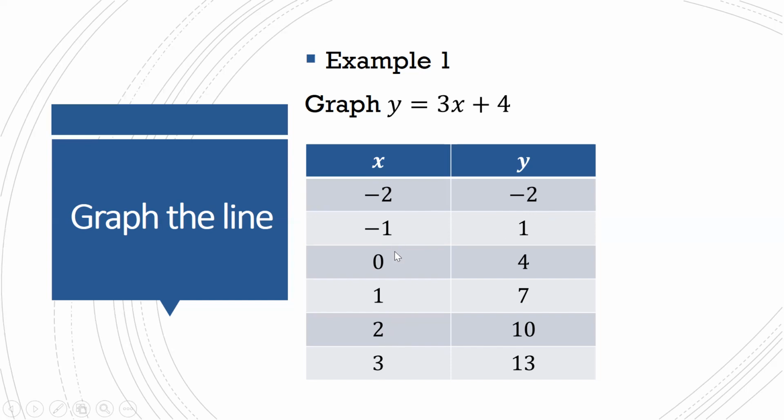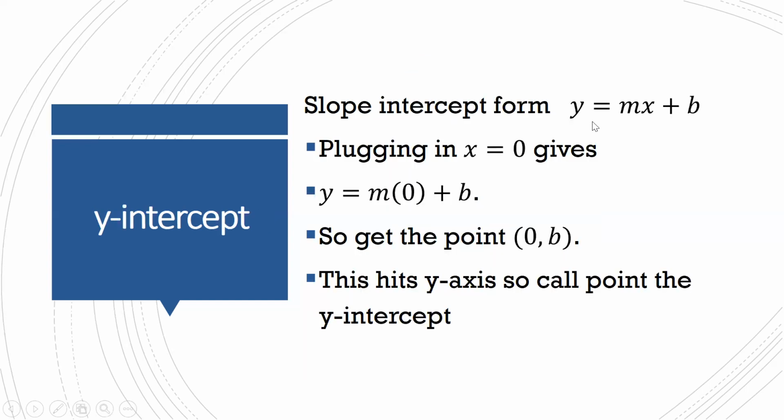If I go from -1 to 0, the corresponding increase in y is 3. If I go from 0 to 1, the corresponding increase of y is 3. So this slope is telling me how much y is changing each time x changes by 1. And in general, we think of this as a change in y compared to a change in x.